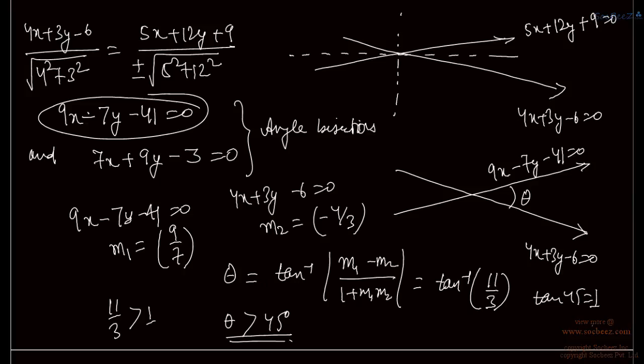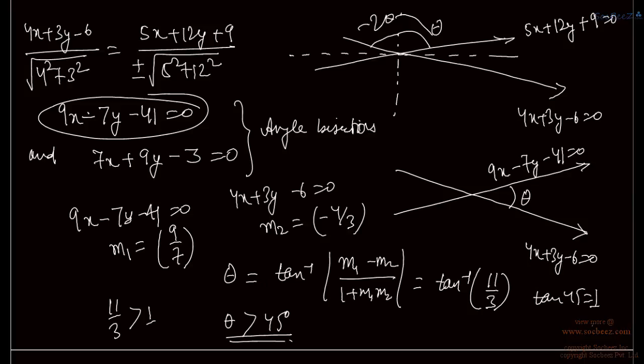So we have, say, this is angle theta. This whole angle, that is the angle between 5x + 12y + 9 = 0 and 4x + 3y - 6 = 0, is 2 theta. Since theta is greater than 45, 2 theta is greater than 90. That means this line is an obtuse angle bisector.